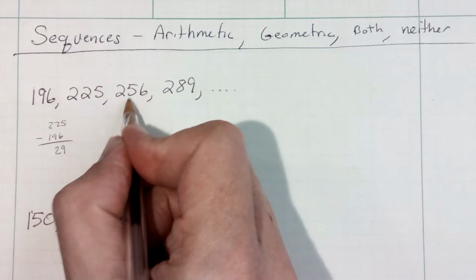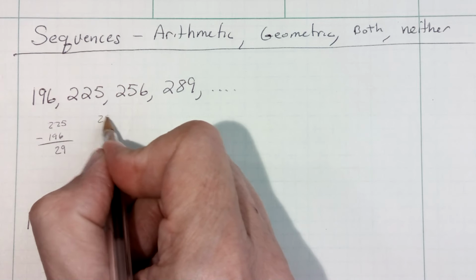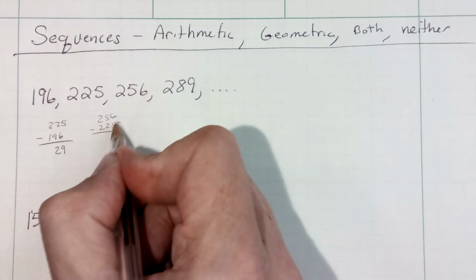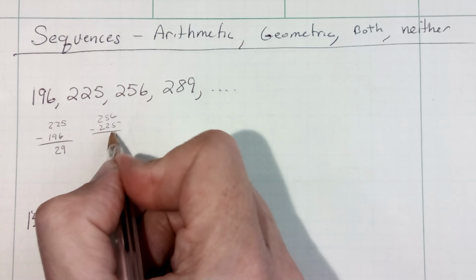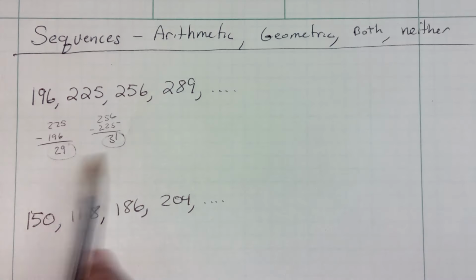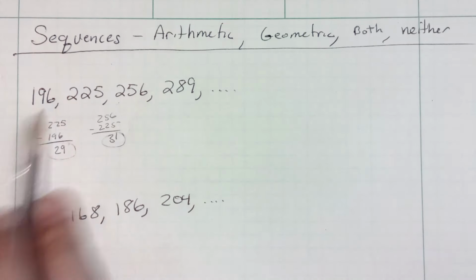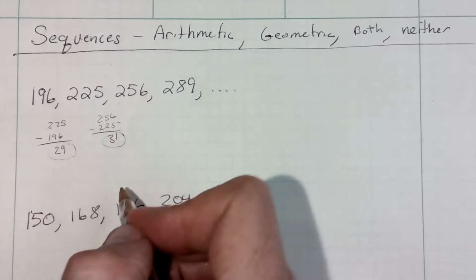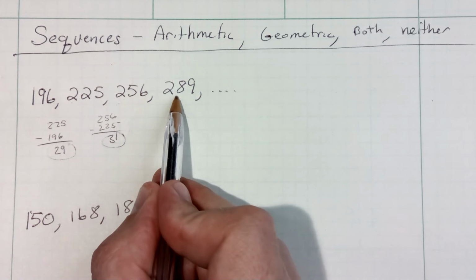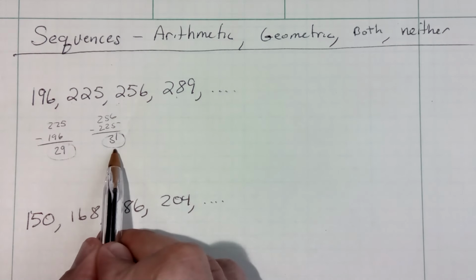Then I'm going to do the next two. I'm going to do 256 minus 225. 6 minus 5 is 1, 5 minus 2 is 3. I got a difference between these two values. This is not arithmetic. So again, I'm just finding the difference between each two consecutive terms, and if it's not the same, it's not arithmetic.